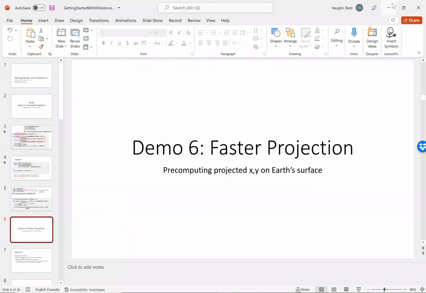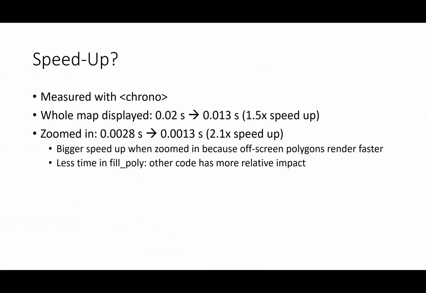And let's go back here. Okay, so I'm not going to show it, but I also measured the code we had before reading week that didn't do this pre-computation. When I measured it, it was on a different computer, so the numbers are slightly different. But basically, the old code took 0.02 seconds to draw when the whole map was displayed, like when we're zoomed out.